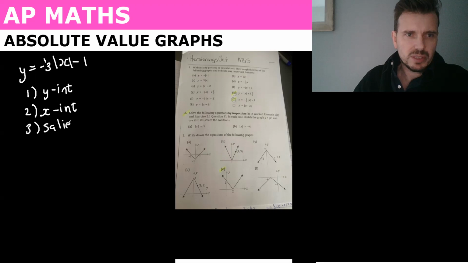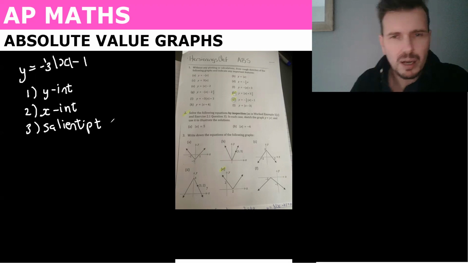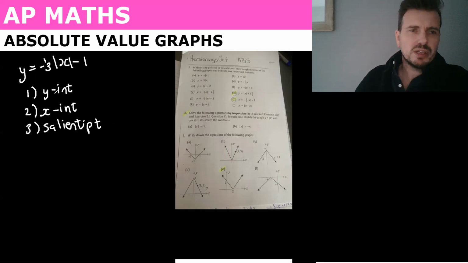Now, you can't always get the x-intercept, because if we think of an absolute value graph shifted up, it's not going to have an x-intercept. The other thing we are a little bit concerned with is the m, the gradient. If we think of a straight line graph, -1/3 would go downwards.